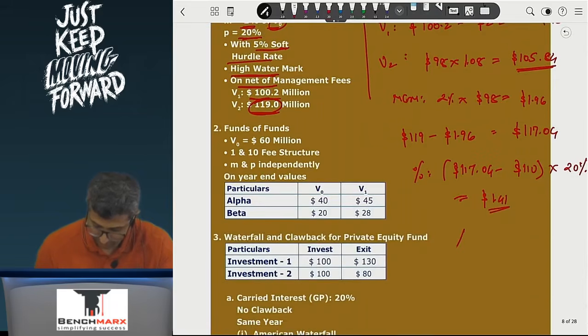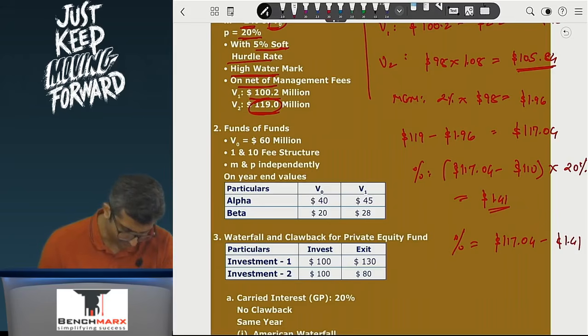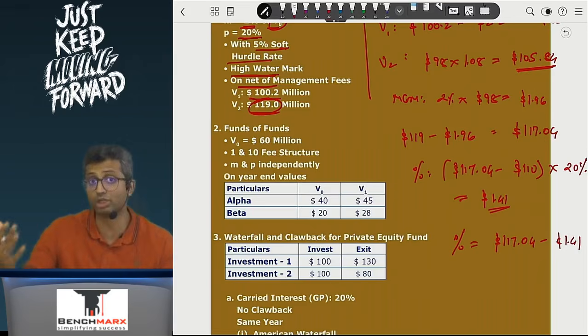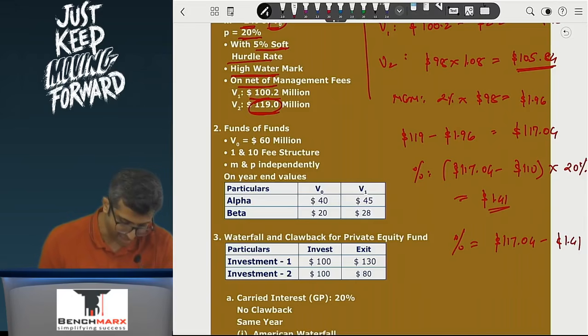Hence, to find my percentage return, 117.04, which is already after the management fees, minus 1.41 comes to 115.60, which is now the new high water mark, minus 98, which was originally there, upon 98 into 100. This will come to around maybe 17.98 or some percent, which will be your return.